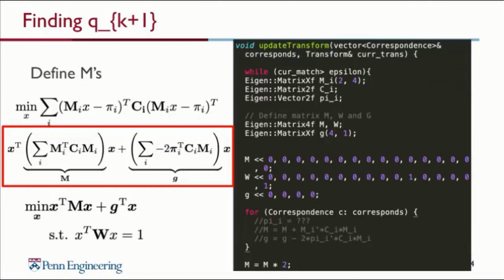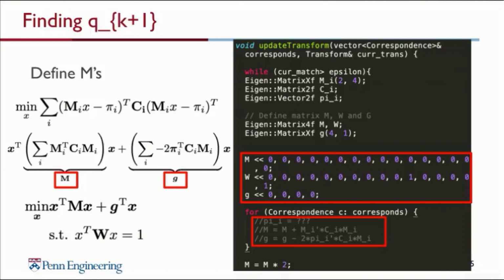Now, by expanding out the expression of the objective function and regrouping according to the x, we can define the matrices M and G and rewrite the objective in terms of M, W, and G. This is implemented in the sections of skeleton code indicated on the right, and this is part of the exercise that you will have to go through during the lab.